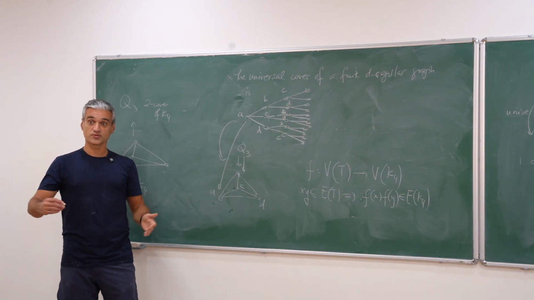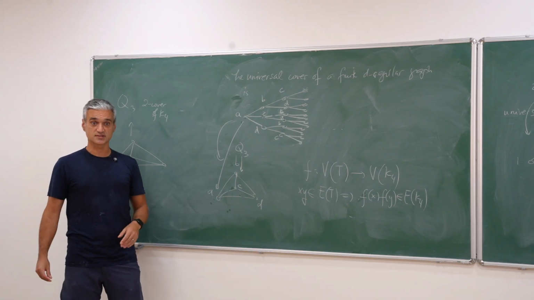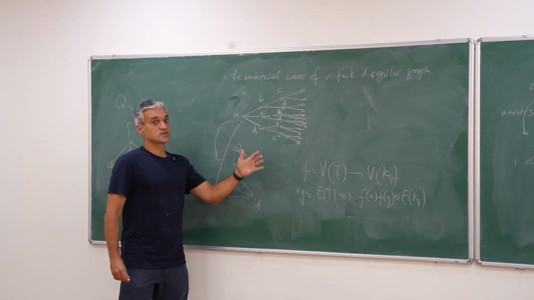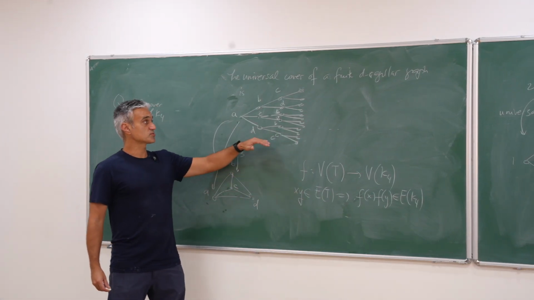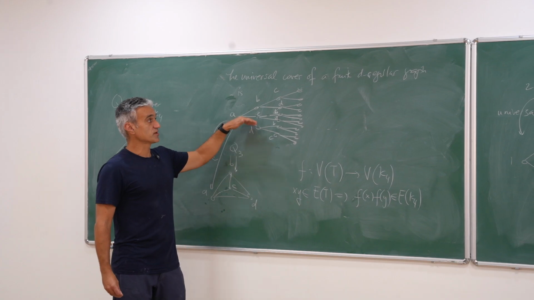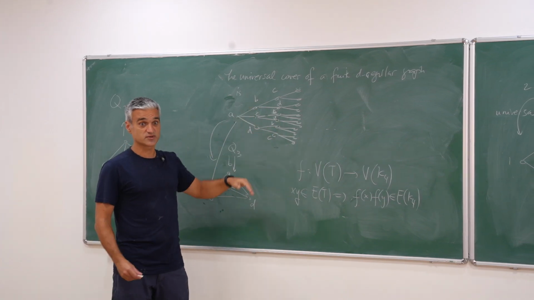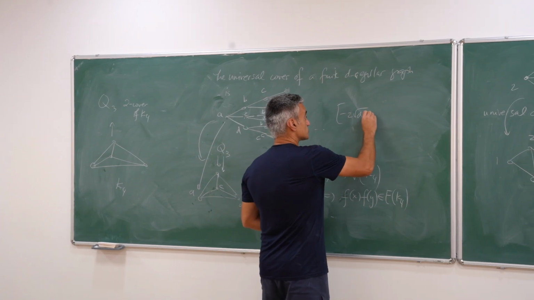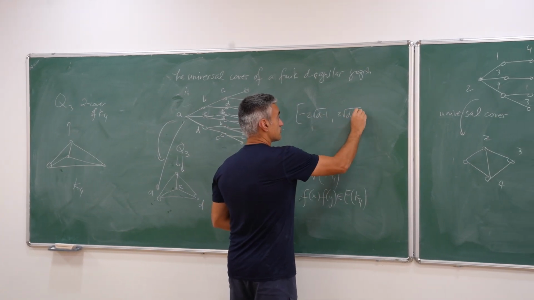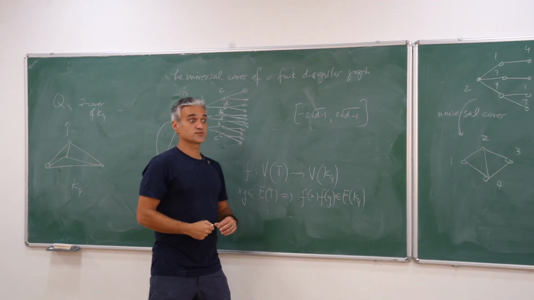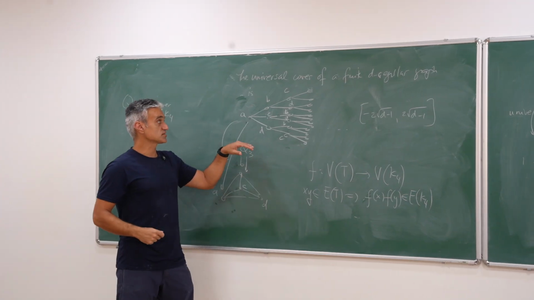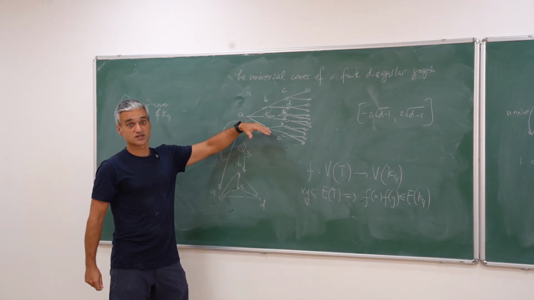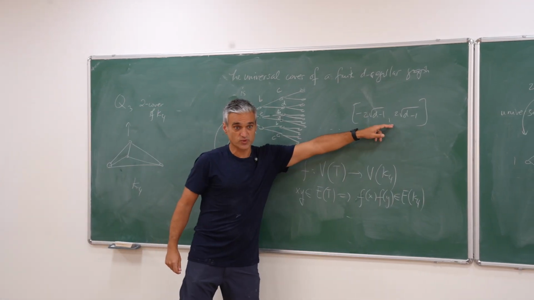So you're going into Hilbert spaces and things like that. But you still have eigenvalues, and the spectrum of the adjacency operator of this infinite cover is the interval from -2 square root of d minus 1 to 2 square root of d minus 1. And the largest eigenvalue of this cover will be 2 square root of d minus 1.